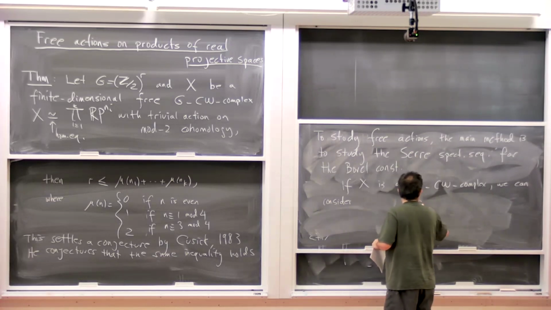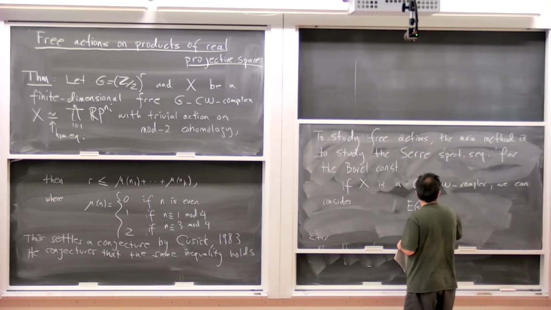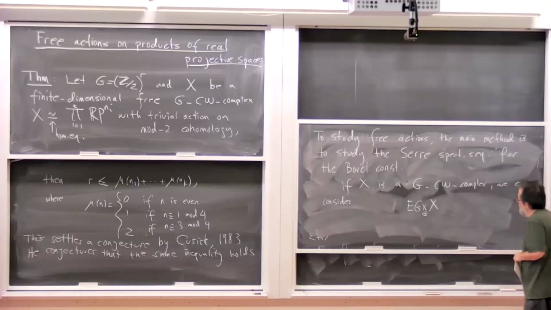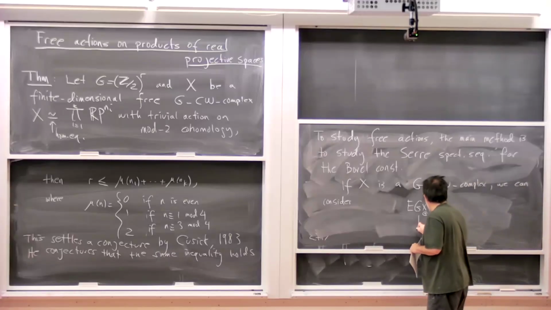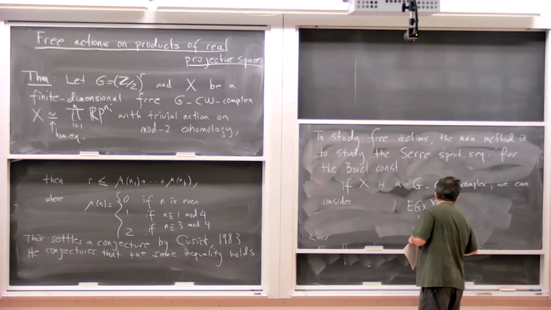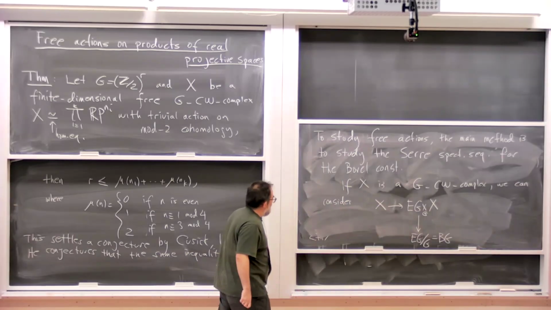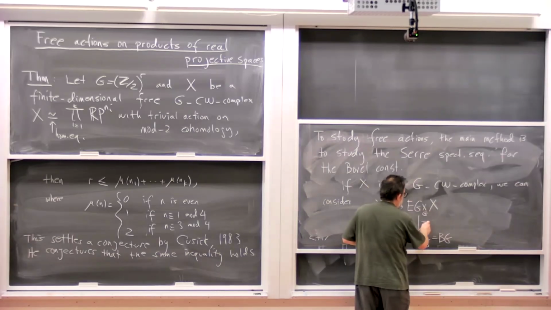You take the universal space for G, you take the cross product with X, you mod out with the G action, the diagonal G action. You can send this to the orbits on both sides. So if you send it to G orbits, you get BG here, and your fibers are X. This is the Borel construction.